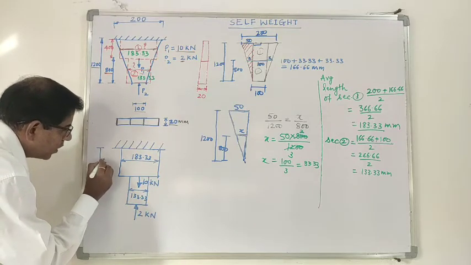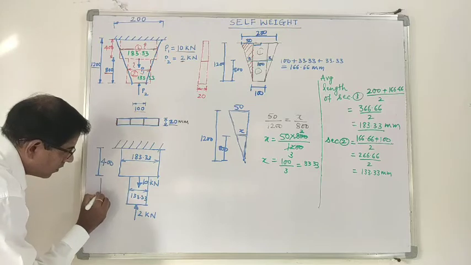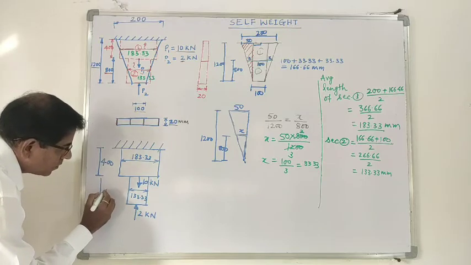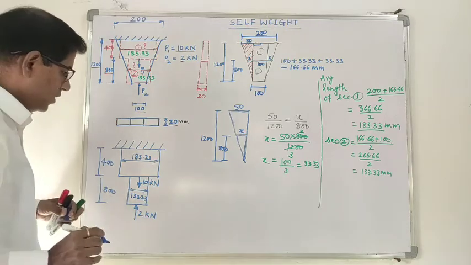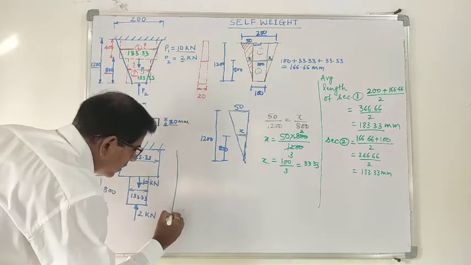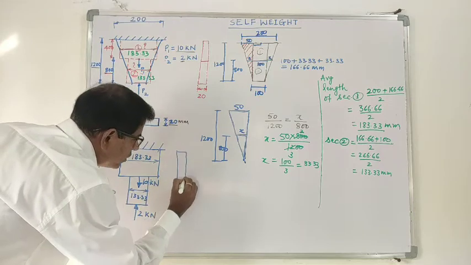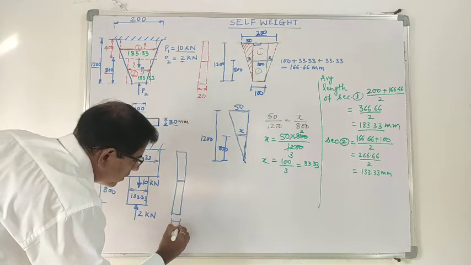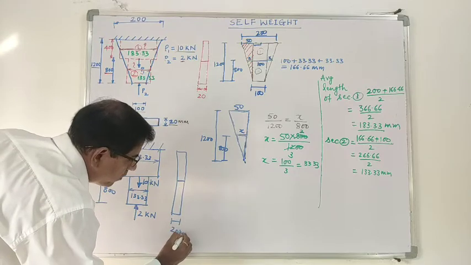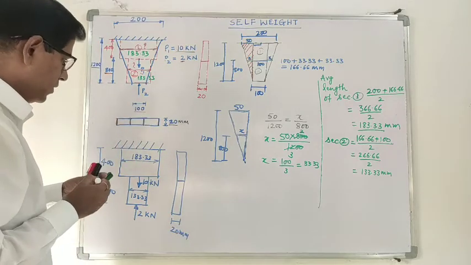This is 400. This is what? 800. Okay. And the thickness of this plate is 20 mm. Okay.